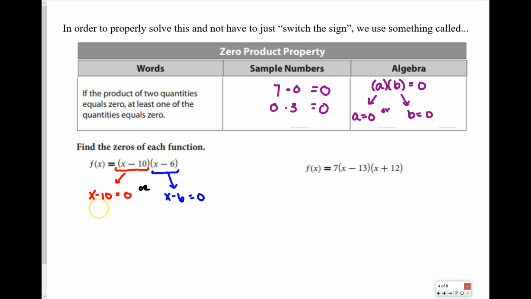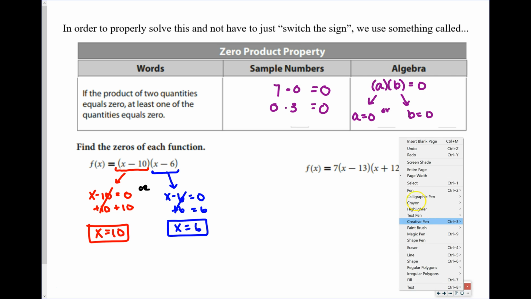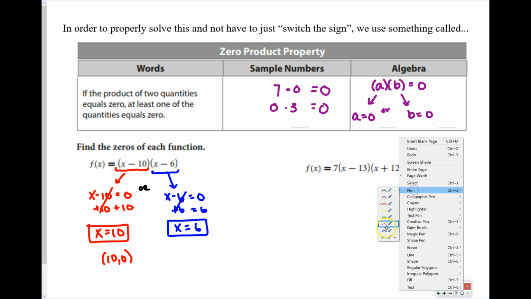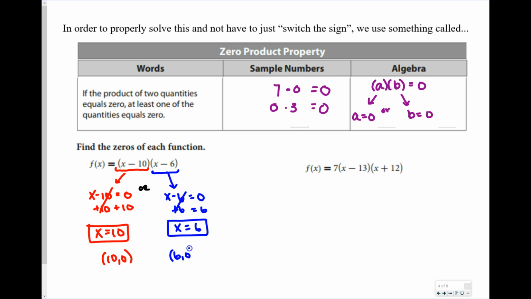When I solve them, when I try to get x alone, I add the 10 over. I get x equals 10. And when I do the other one, I add the 6 over and get x equals 6. The signs have switched. It went from minus 10 to positive 10, minus 6 to positive 6, but that is why it did that. So I've got an x-intercept at 10, 0, and I've got an x-intercept at 6, 0.